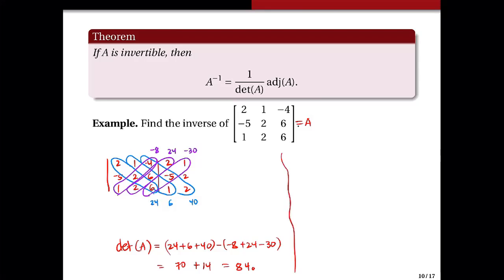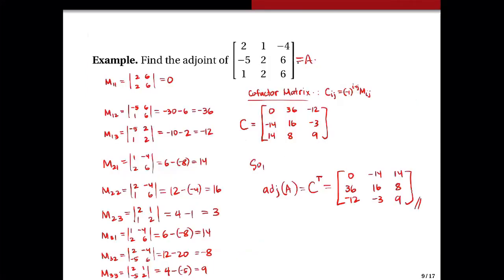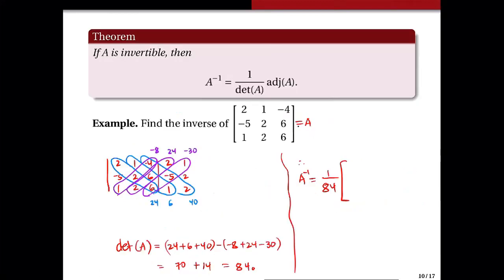Therefore, the adjoint or the inverse of A is 1 over 84 times the matrix from this slide in here. So I'll just copy this and then paste it here.